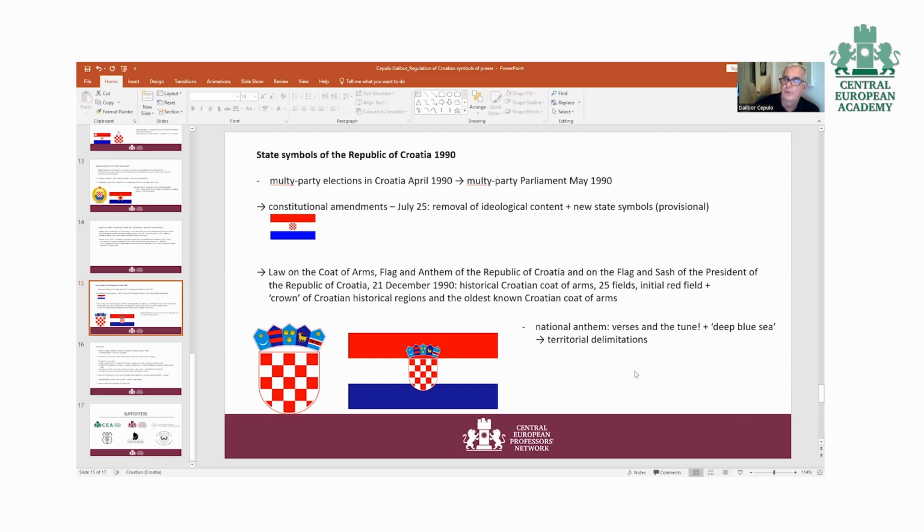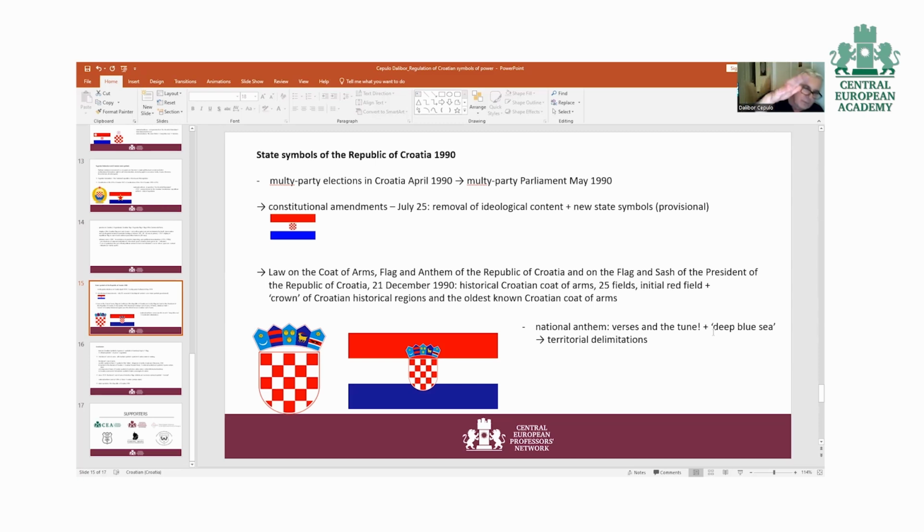the anthem Our Beautiful Homeland. This time again with the reappearance of a textual change that mentioned the deep blue sea, contributing to the territorial delimitation of the homeland, which, as already proclaimed in 1862, was based on the Croat's love of his people.